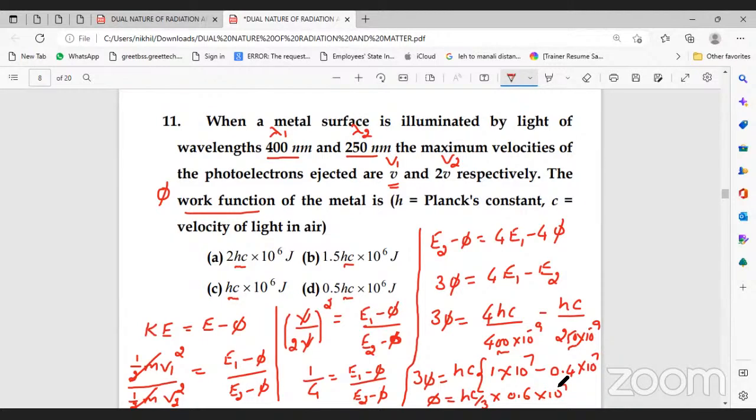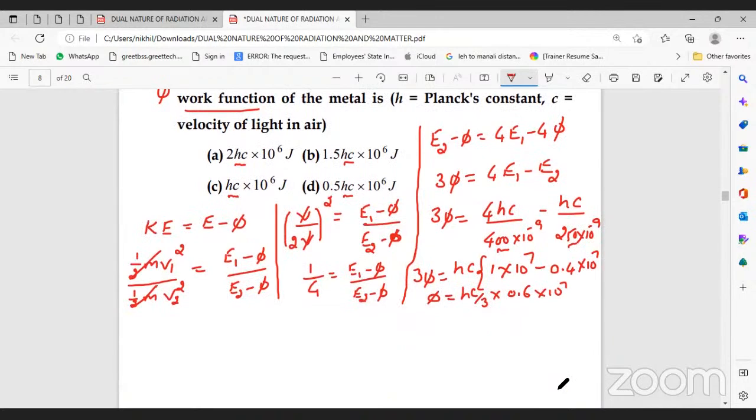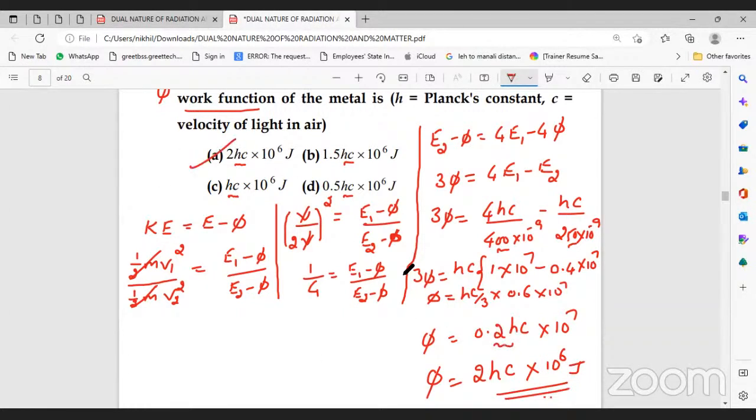So option A. Very good. 0.2 hc into 10 power 7, or you can take this as 2 times hc into 10 power 6 joules. By looking at this number itself, you can guess only option A has the number 2. So definitely that is going to be the answer.